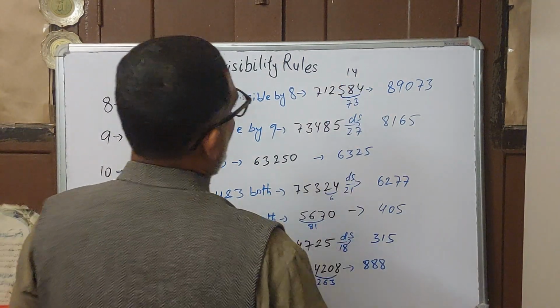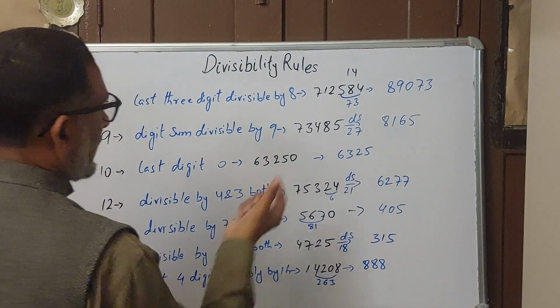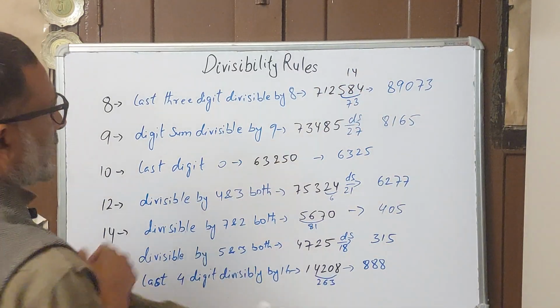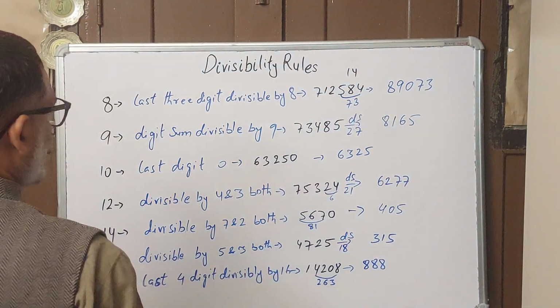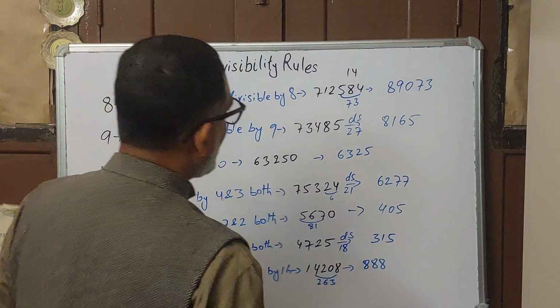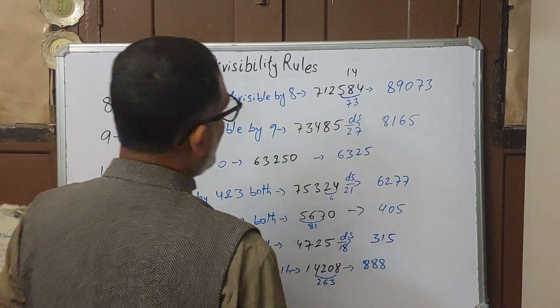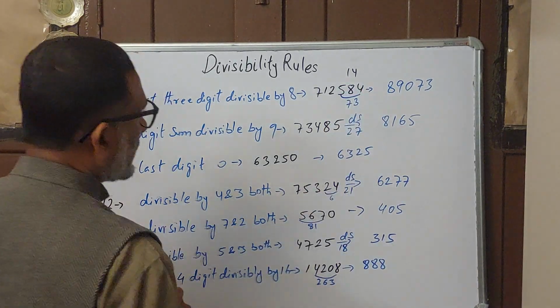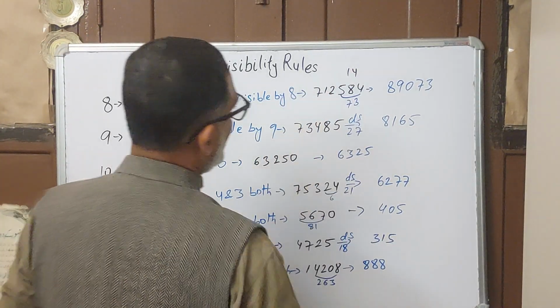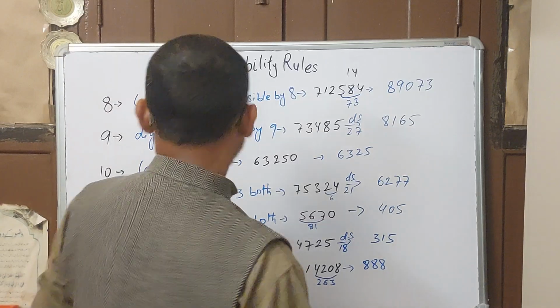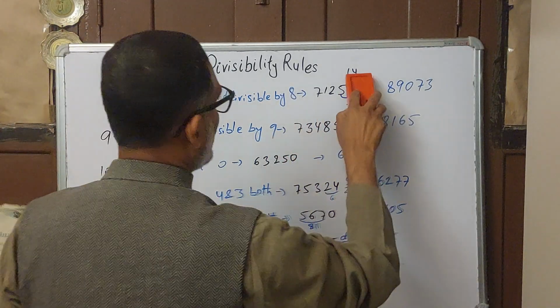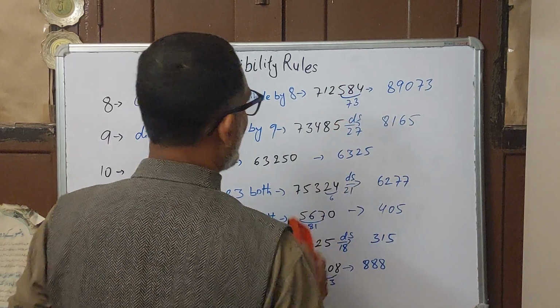So you can easily check by looking at 2 digits that the number is not divisible by 8. If the number is not divisible by 4, that means it is also not divisible by 8. So I hope you understand these things.